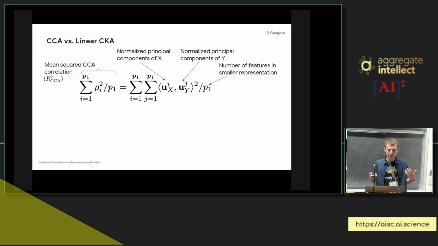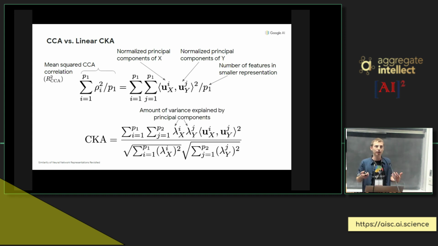So you can already see that this looks kind of like CKA, but we can also write CKA in terms of the normalized principal components, the eigenvectors of XX transpose and YY transpose. And if we do that, you can see that the main difference is that in CKA, we're weighting the dot products by the amount of variance explained by the principal components. So CKA is placing greater emphasis on similarity between these components that are responsible for more variance in the original representation.